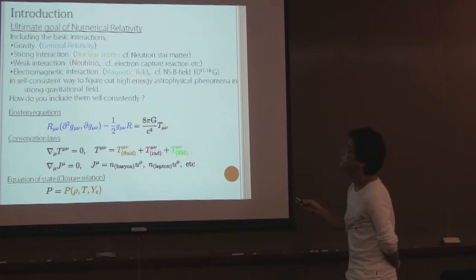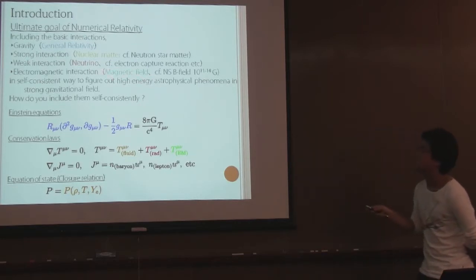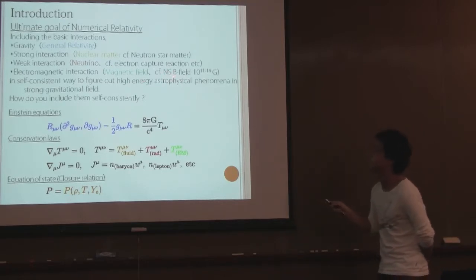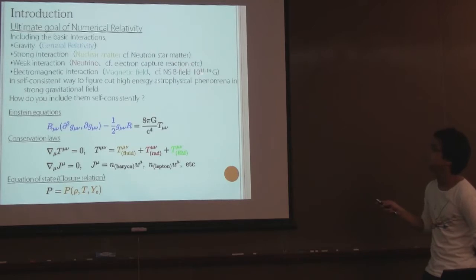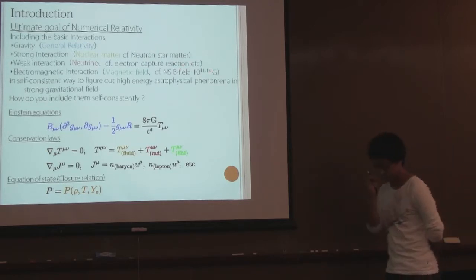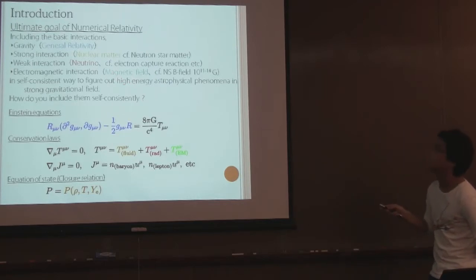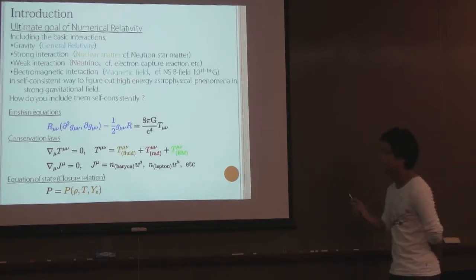And the magnetic field would play an important role, because it is observationally established that the neutron stars have a strong magnetic field whose strength is from 10 to the 11 to 10 to the 14 gauss. And this research target has highly time-dependent features.